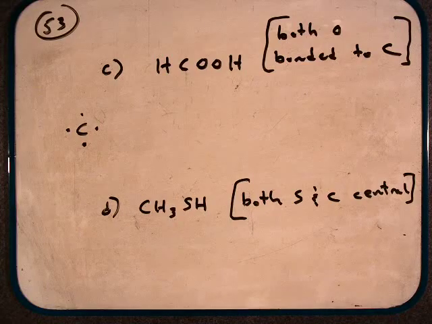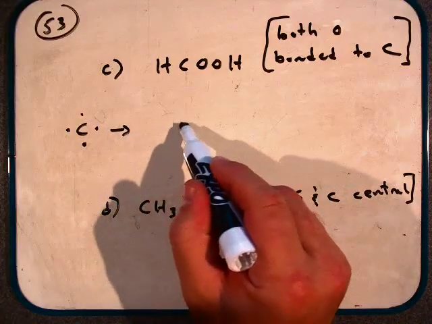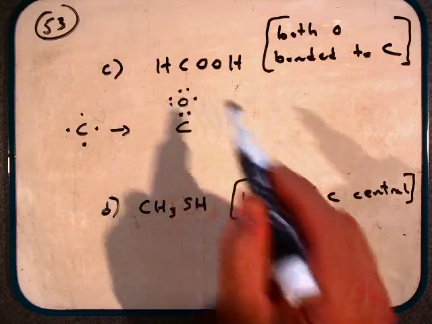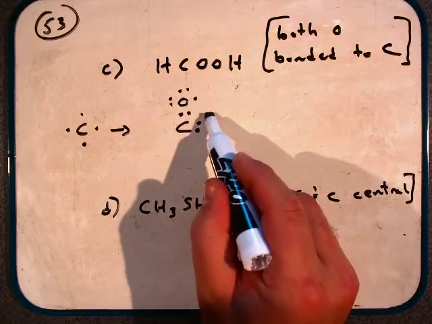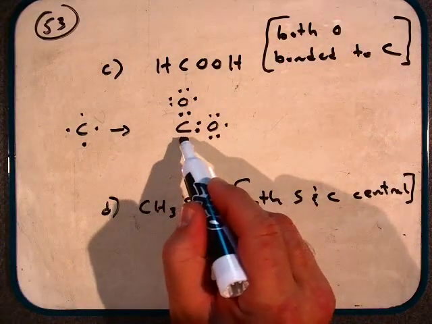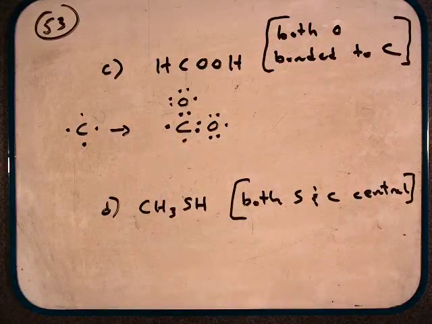And then we're going to start to put the structure together. One clue that's given to us is both oxygens are bound to carbon, so let's begin by doing that. And so we end up with those two oxygens bound to our carbon.